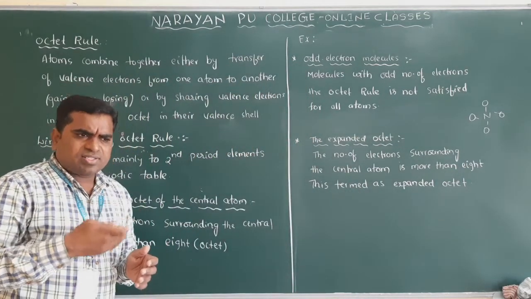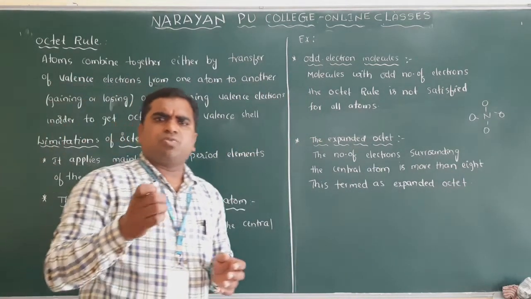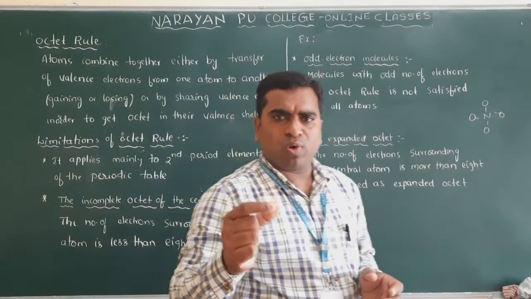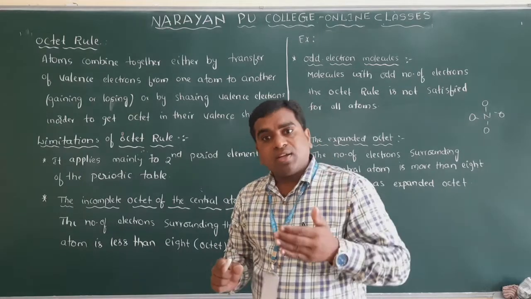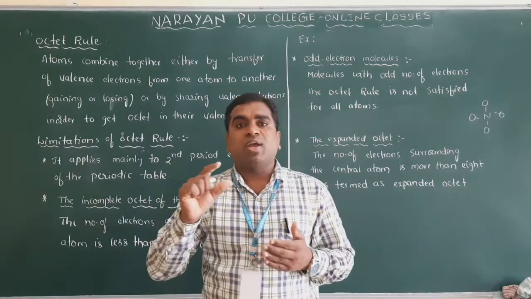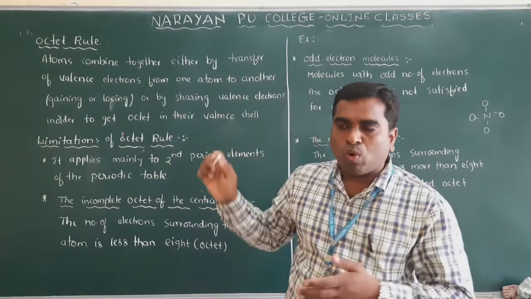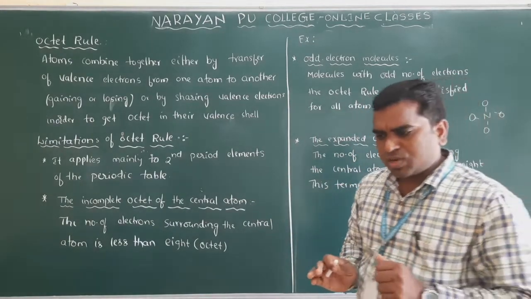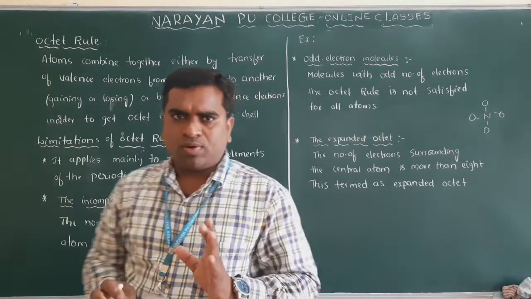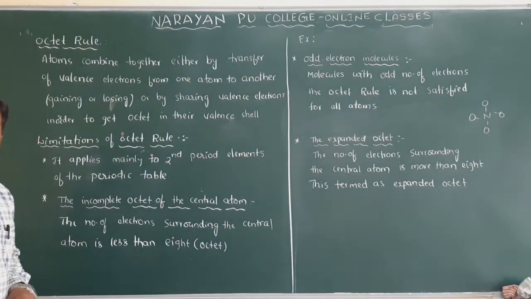Now, this Lewis dot structure follows the octet rule only. Clear? And we have discussed what the octet rule is. But in this octet rule, we have some limitations. So what those limitations are, we will discuss in this class. First of all, what is the octet rule?